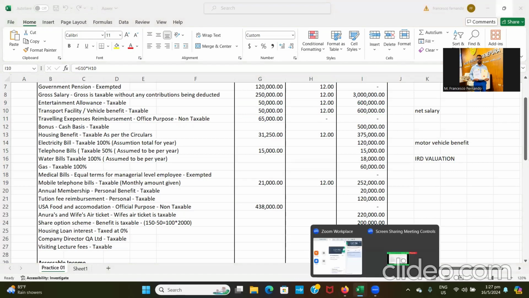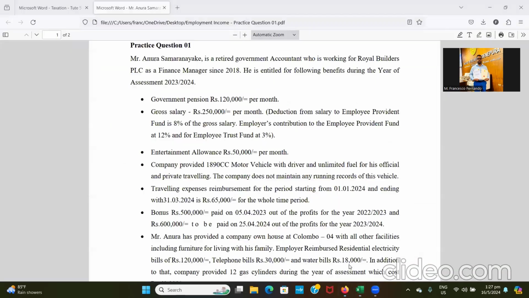So moving forward, the next adjustment: traveling expense reimbursement for the period starting from 1st April 2024 and ending with 31st March 2024 is 65,000 for the whole time period.